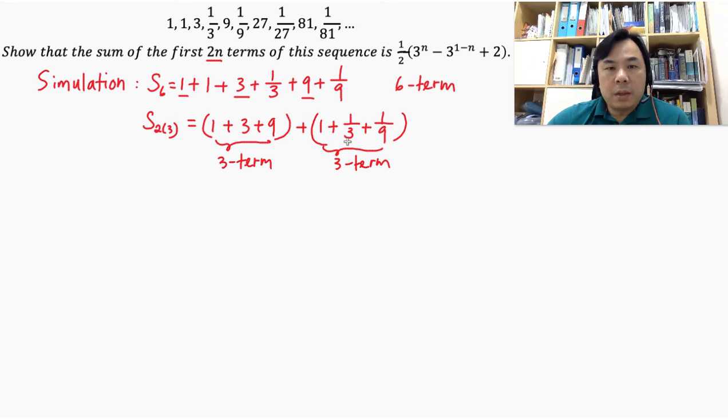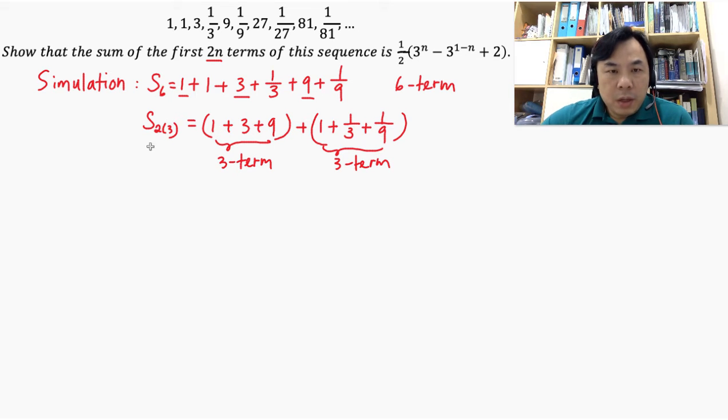Instead of saying I'm going to evaluate the sum of 6 terms, I can say that I'm trying to evaluate the sum of two series that consist of 3 terms each. That's what they actually mean.